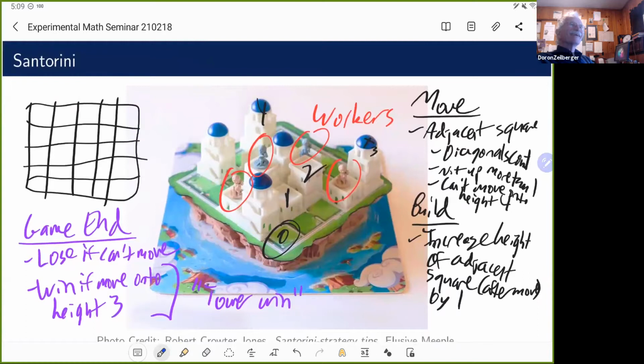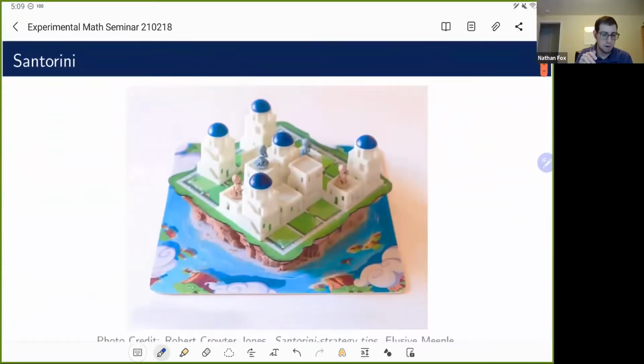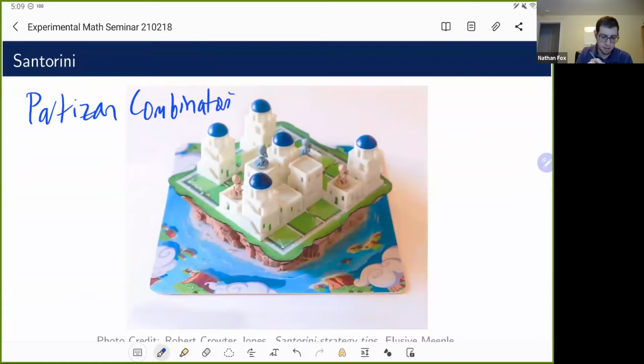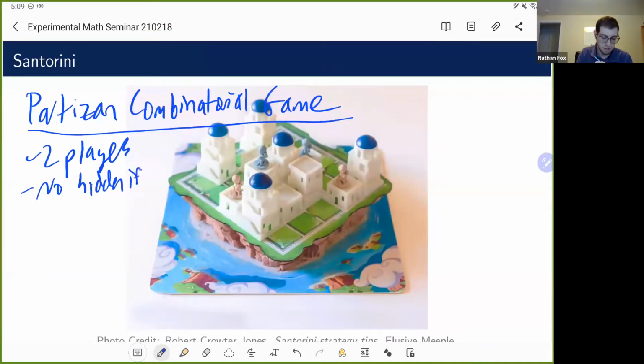Okay, sorry. Right. So this is an example of what's known as a partisan combinatorial game, which means that there are 2 players, no hidden information, no randomness, and the game will eventually end.